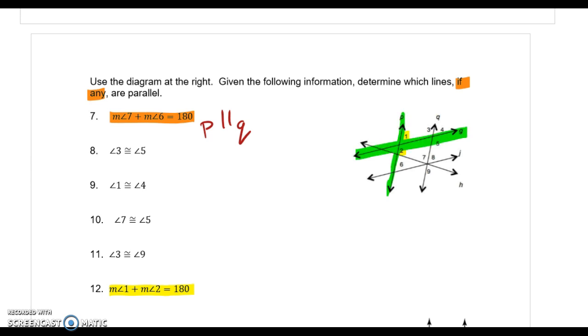Since it's only those two, because angle 2 is touching this one here, not the one under it, I can't assume that these two are parallel. So it says, if any are parallel, you're going to write none. Hopefully it didn't confuse anybody.